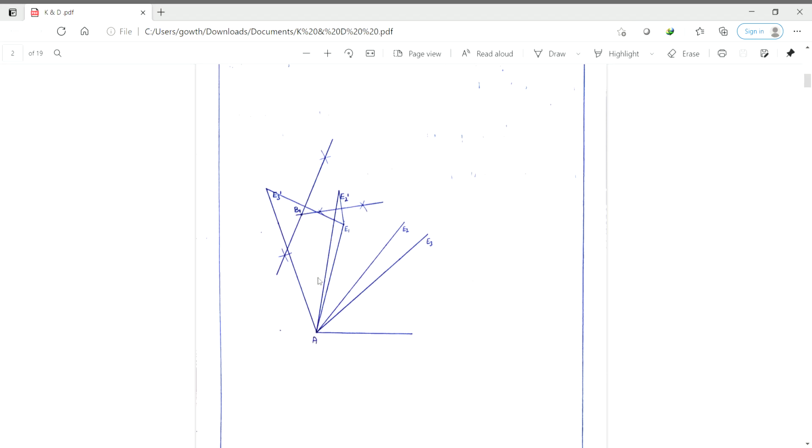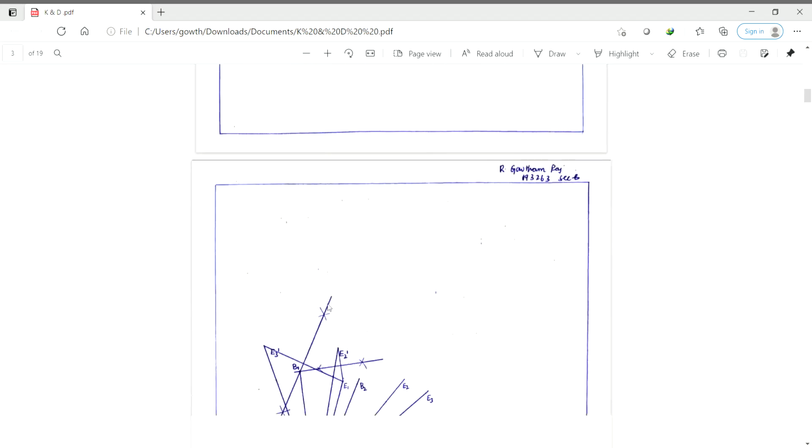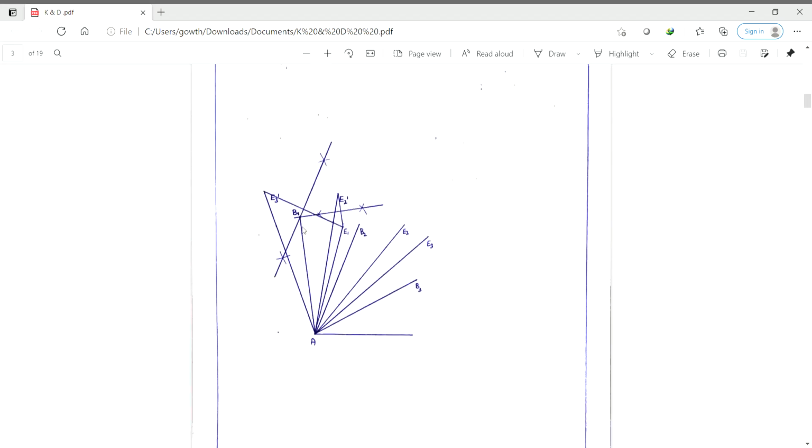Now rotate this AB1 by an angle of 30 degrees and 70 degrees, and label them as B2 and B3 in counterclockwise direction. Sorry, clockwise direction.